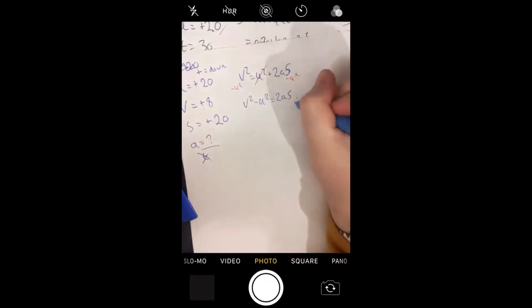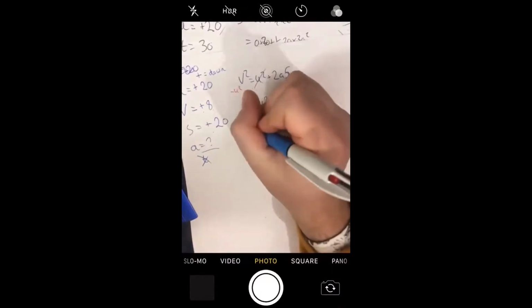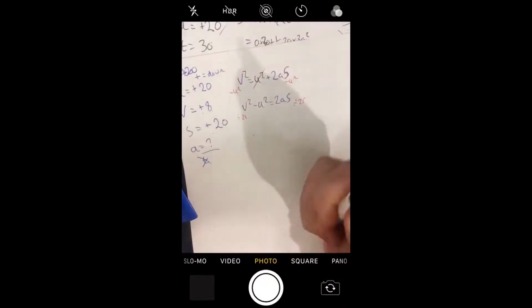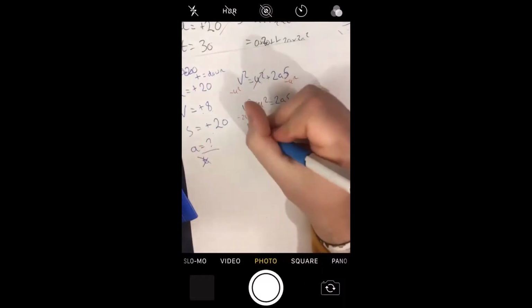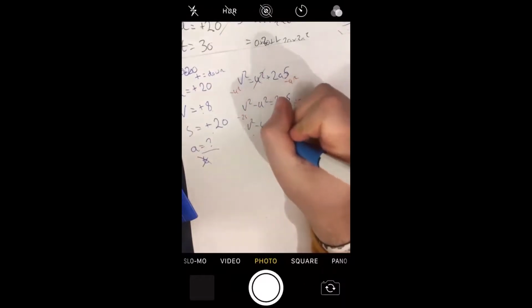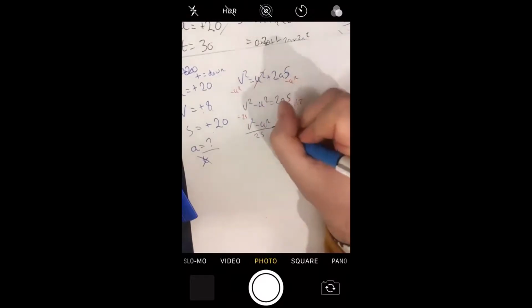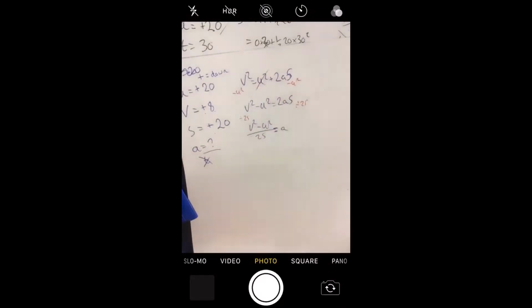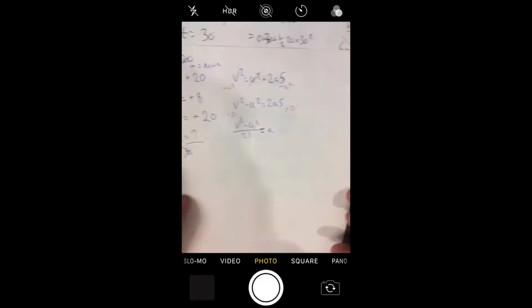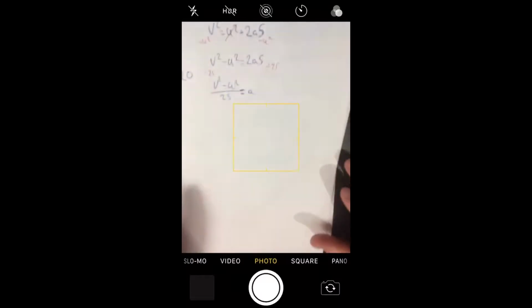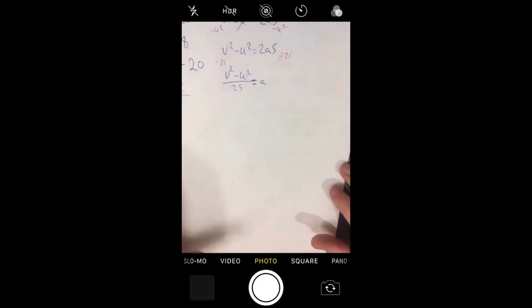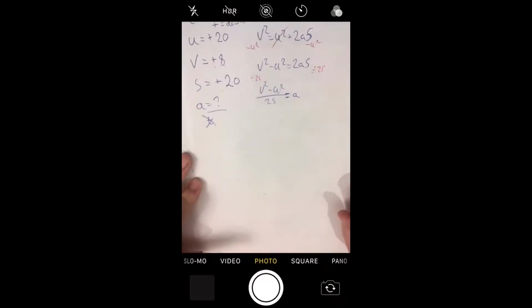I'm just going to divide both sides by 2s now. v squared minus u squared, divided by 2s, equals a. All right, now I've got a formula, and it's been rearranged.